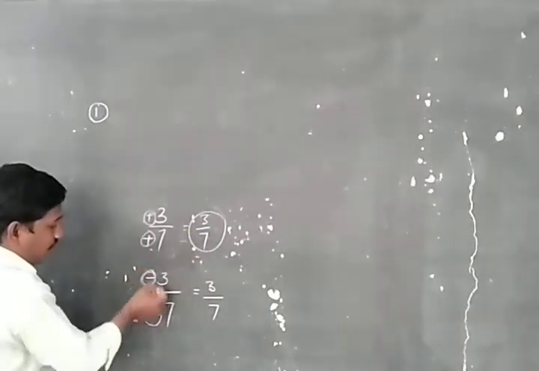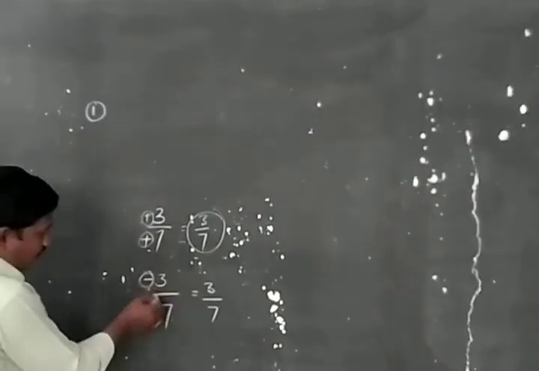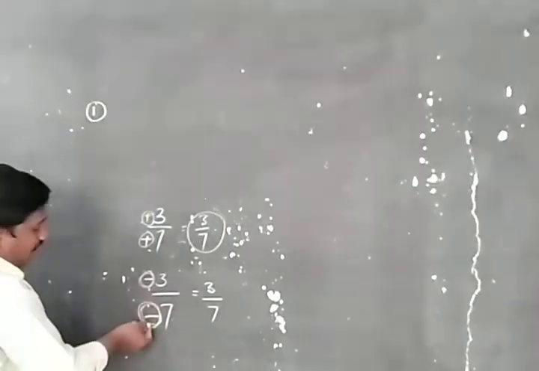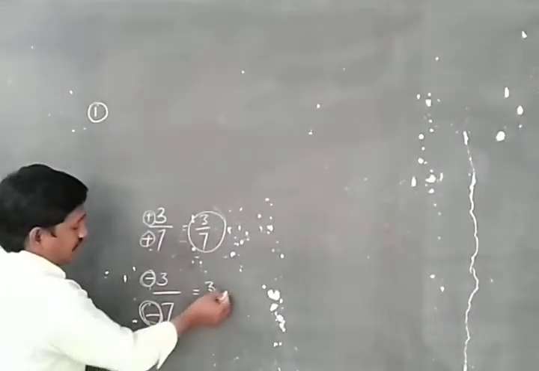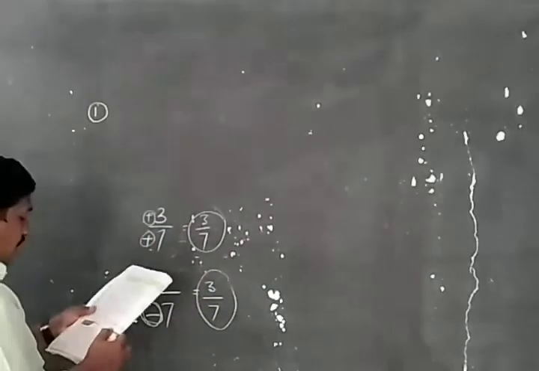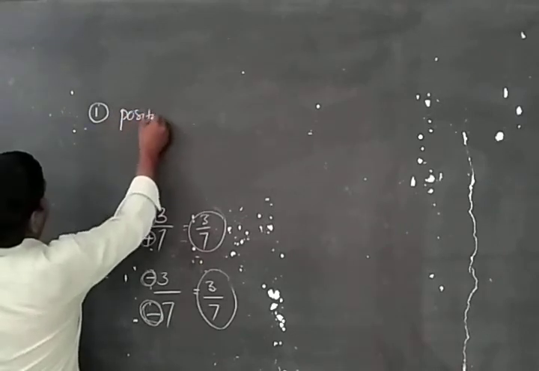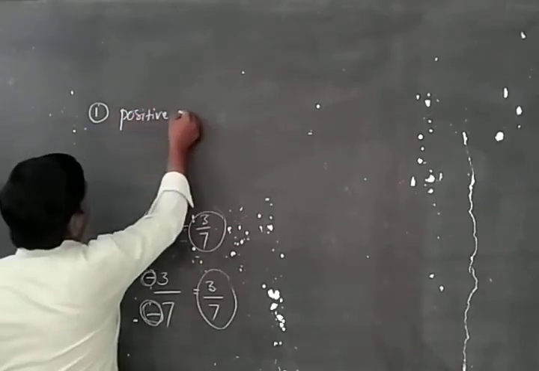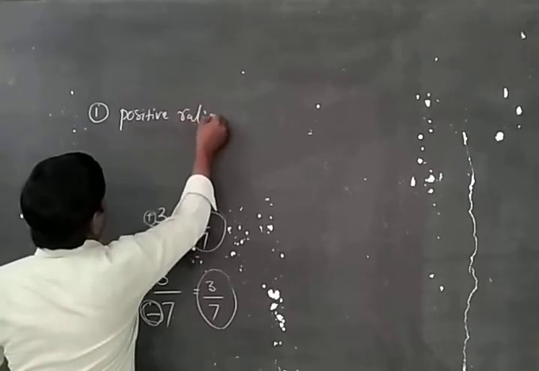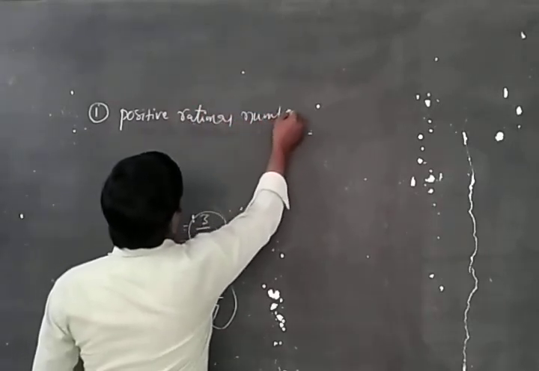When both are negative, numerator is negative and denominator is also negative, that is also a positive rational number. Positive rational number.